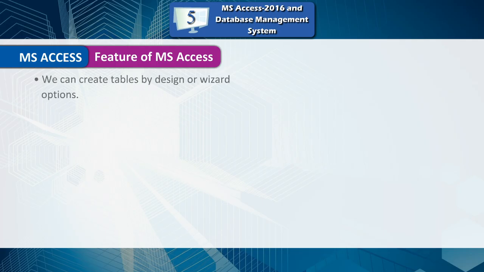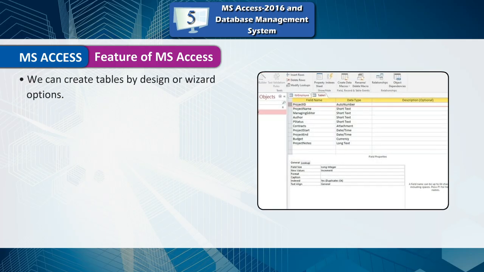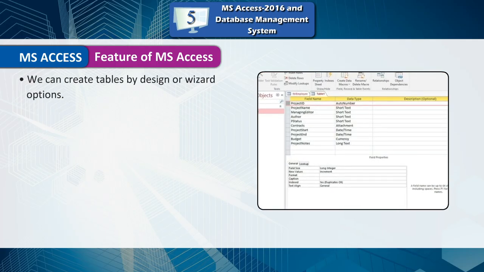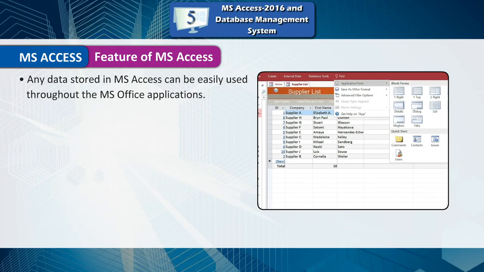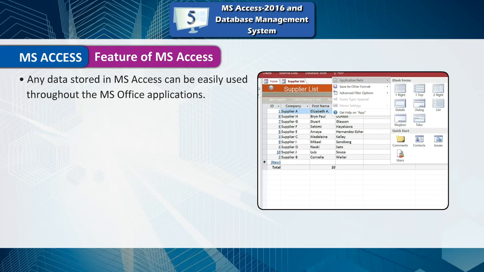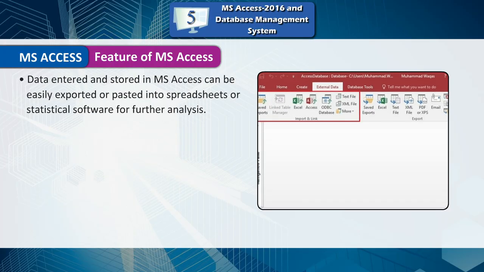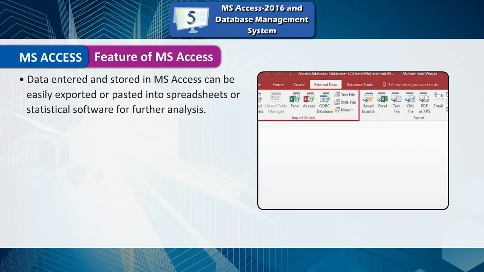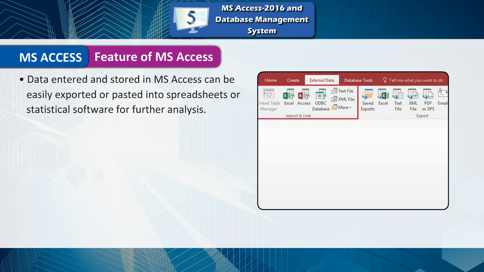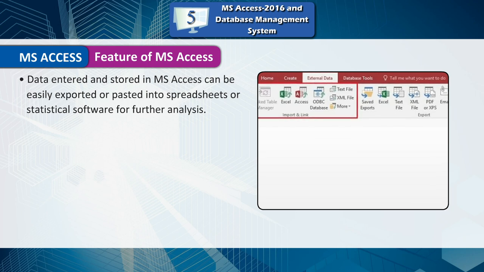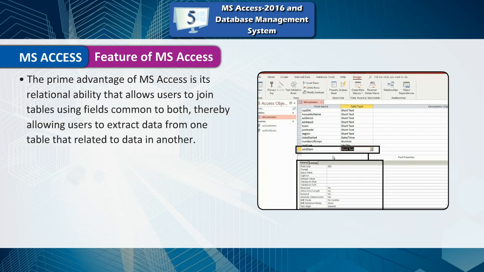Features of MS Access. We can create tables by design or wizard options. Any data stored in MS Access can be easily used throughout the MS Office applications. Data entered and stored in MS Access can be easily exported or pasted into spreadsheets or statistical software for further analysis.